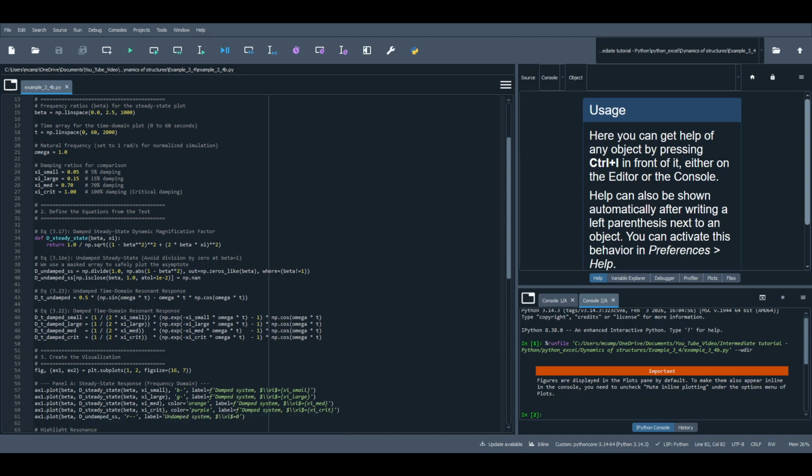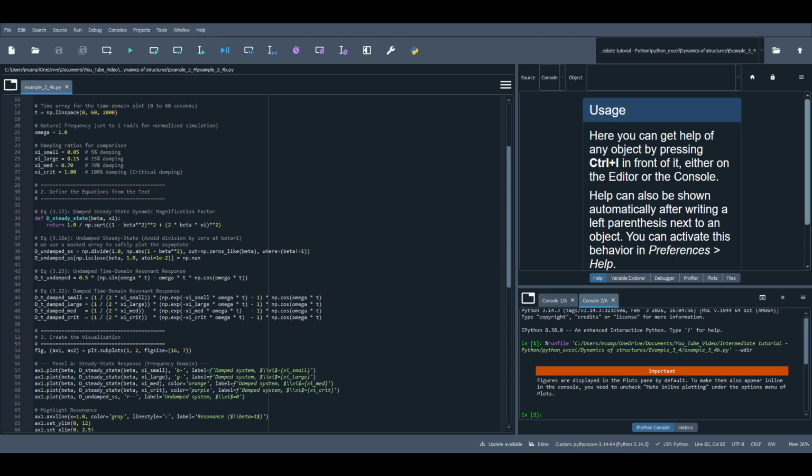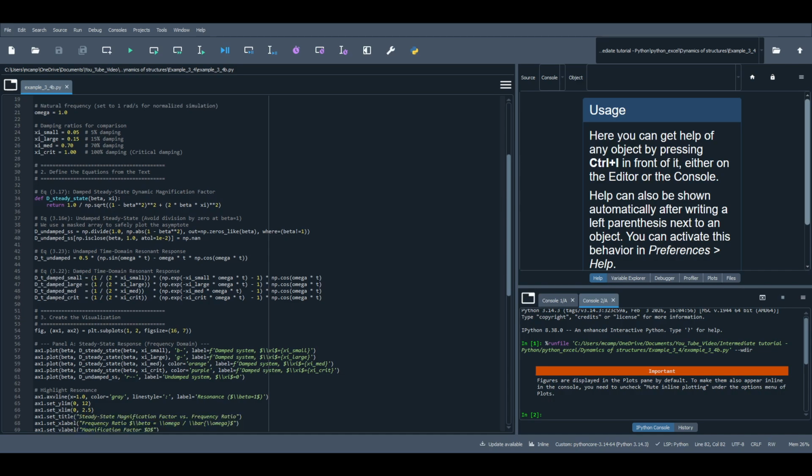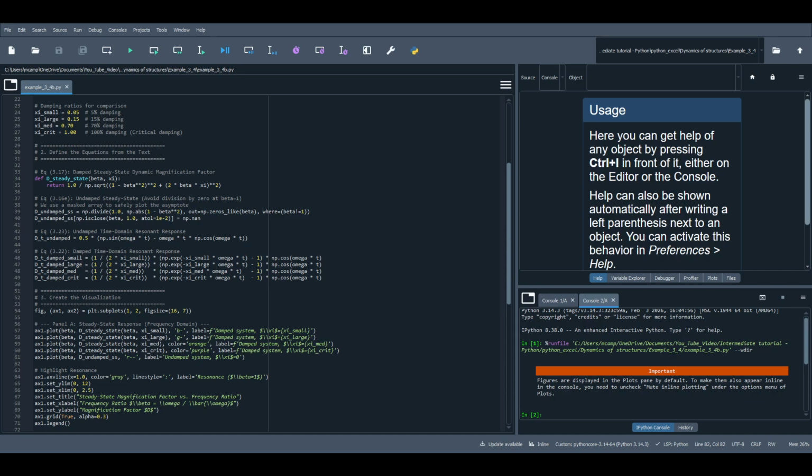After that we define the steady state function and calculate the magnification value, and after we can calculate the value for the undamped case.